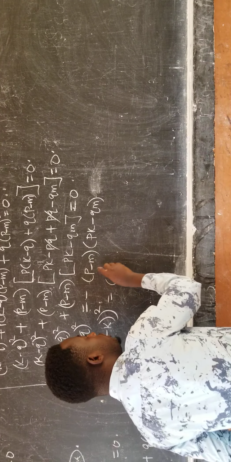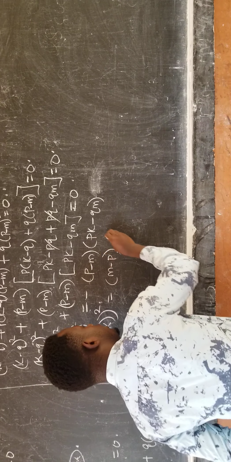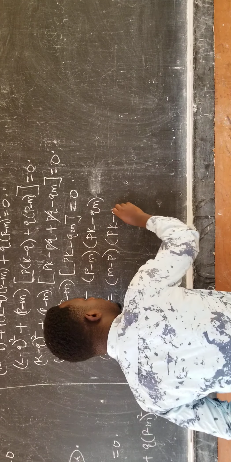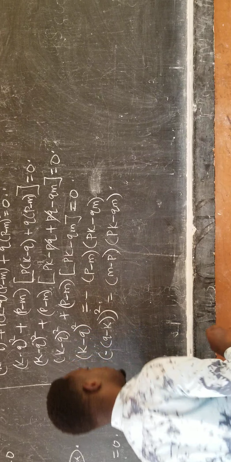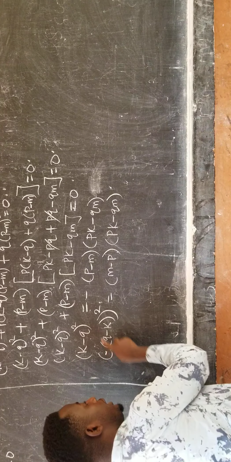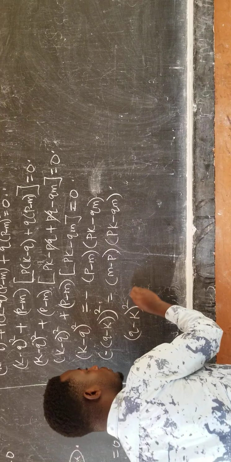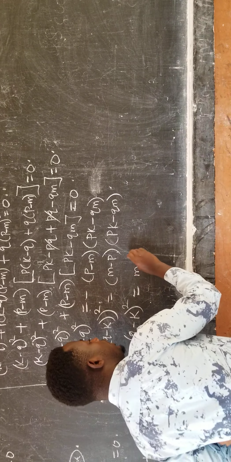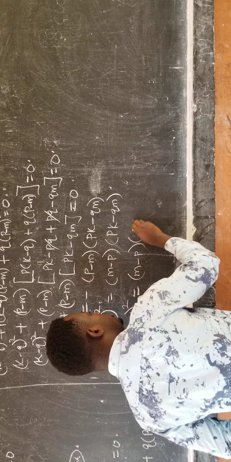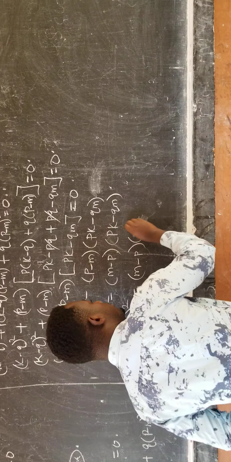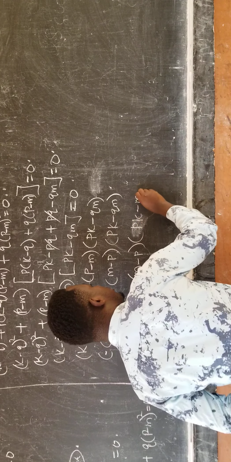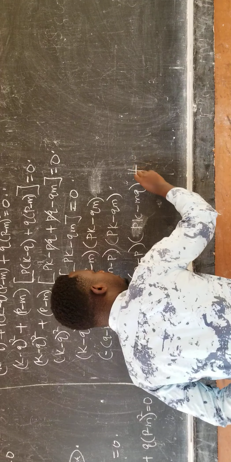M becomes positive, p becomes negative into (pk - qm). The negative will die, so I remain with (q - k) squared is equal to (m - p) into (pk - mq) as required.